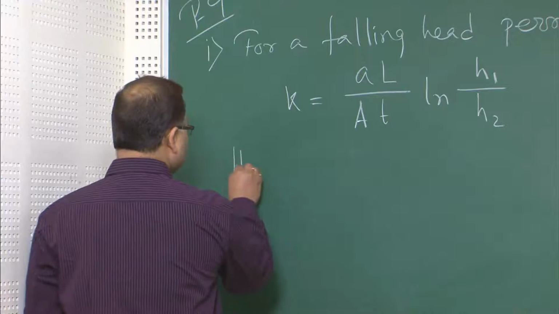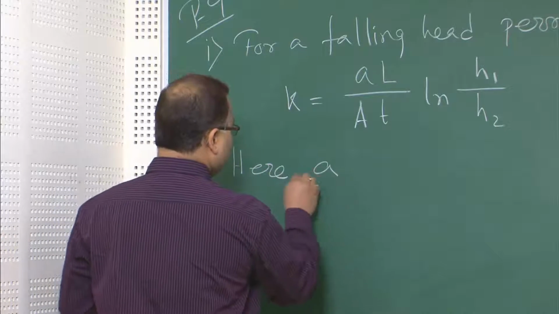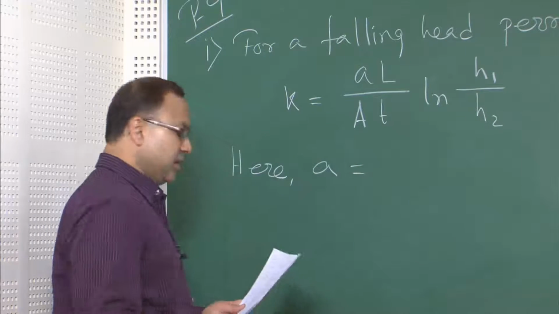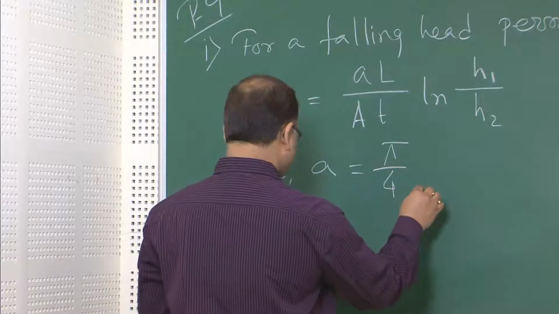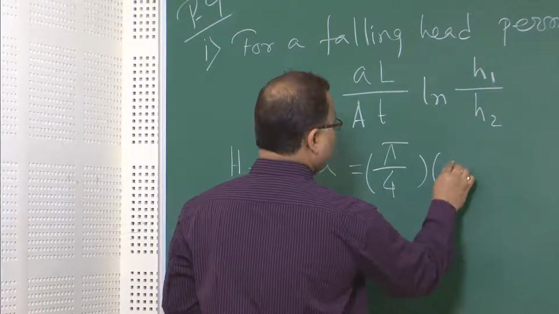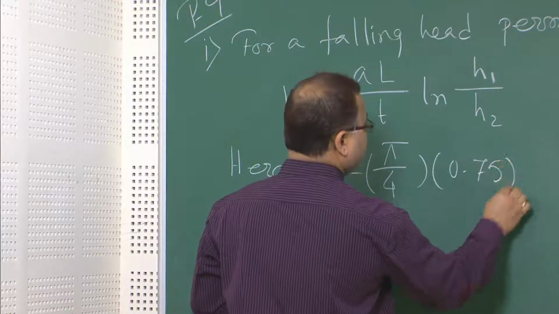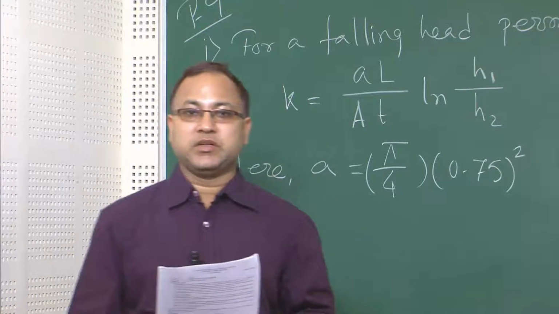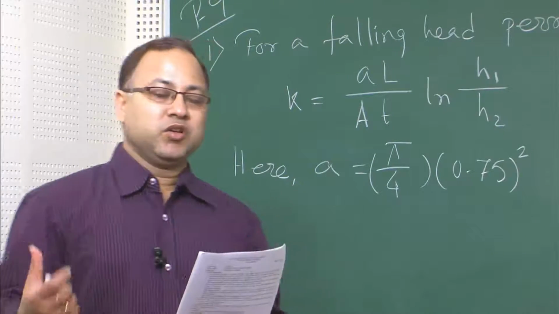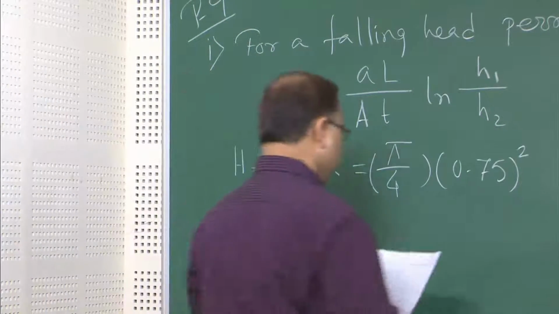So, here in this problem, small a, the cross sectional area of the standpipe, can be obtained as pi by 4 into 0.75 whole square, where 0.75 centimeter is the diameter of the standpipe as given in the problem.